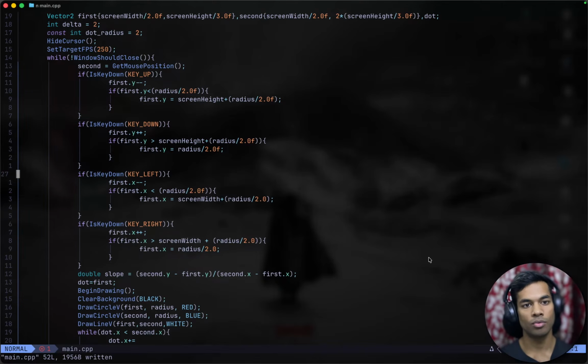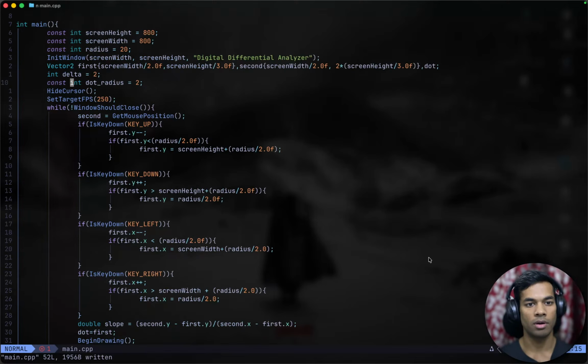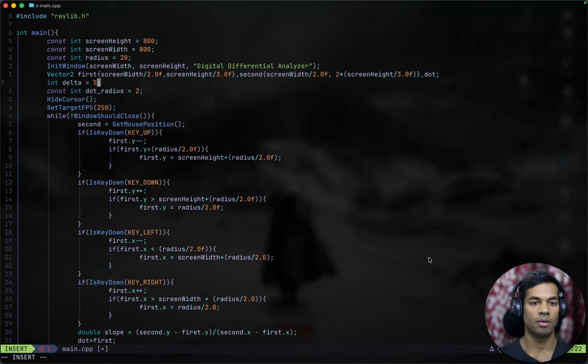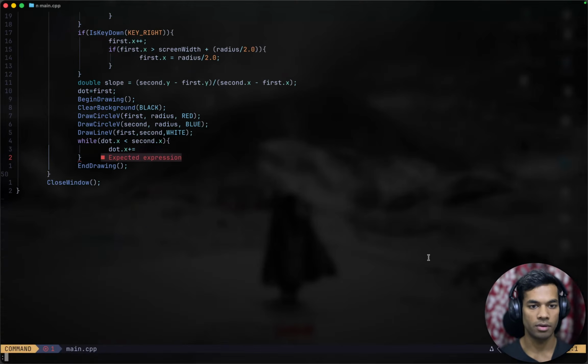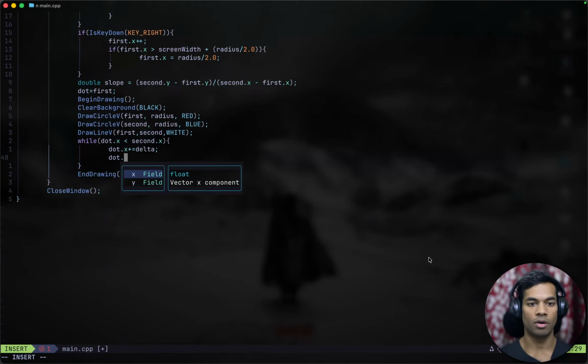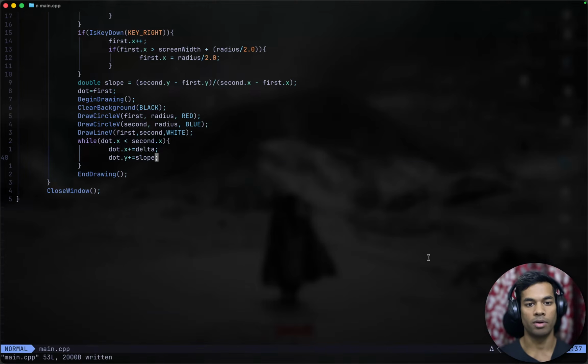But 2 might actually be very small because the radius is 2. Let's make the radius 1. Delta, and dot y would increase by the slope amount.